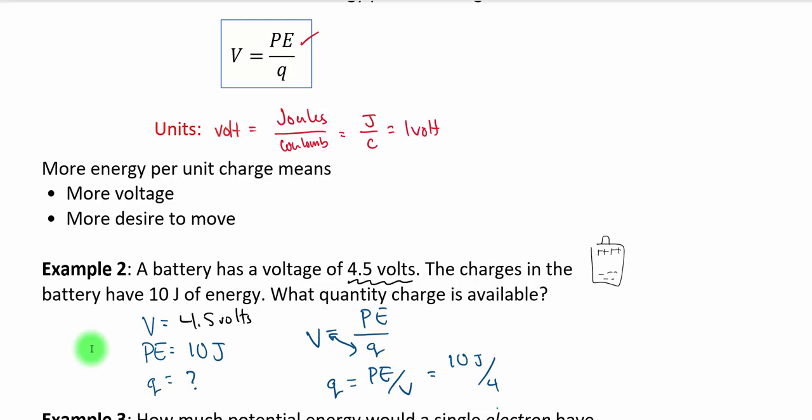I'll bust out my calculator right here. So 10 divided by 4.5, I get 2.22222. So 2.22 coulombs, as we wait for the system to catch up there. There we go.